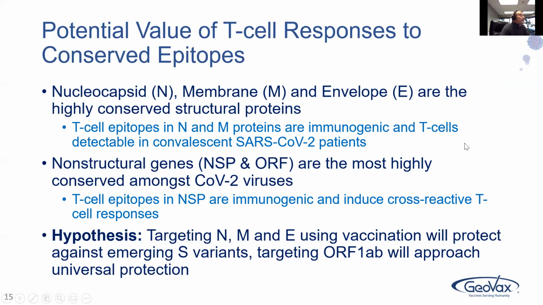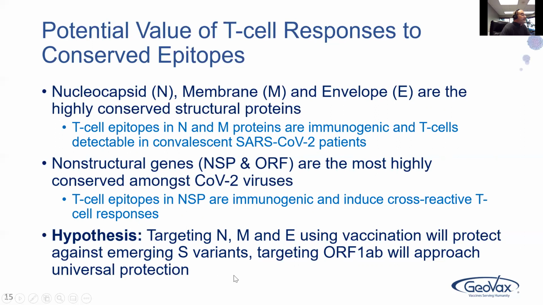Those T cells are probably induced by seasonal coronaviruses, but also they are induced as part of the recovery process with SARS-CoV-2. However, non-structural proteins are actually the most highly conserved. So non-structural and open reading frame proteins represent a rich source of T cell epitopes that we also, again, know are immunogenic and can induce cross-reactive T cell responses.